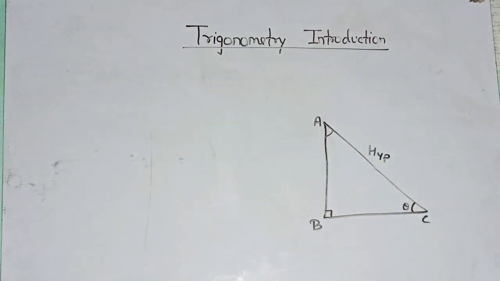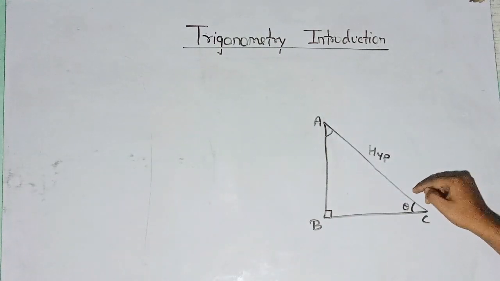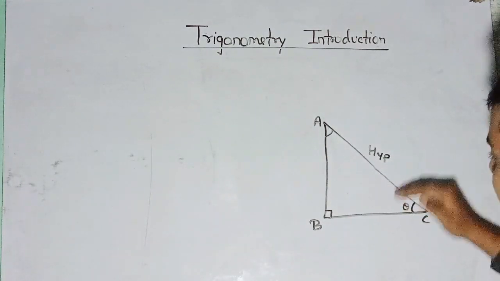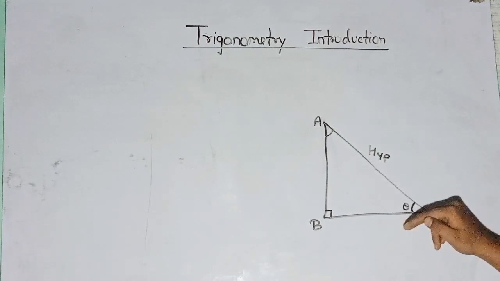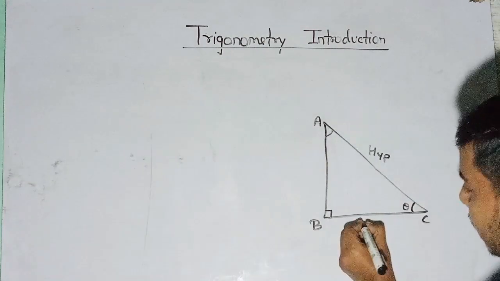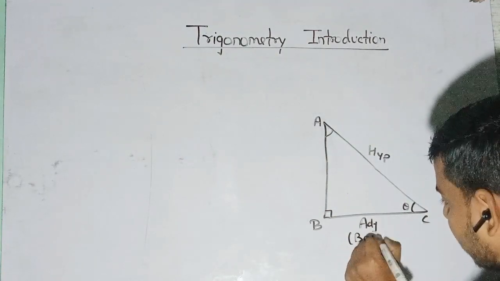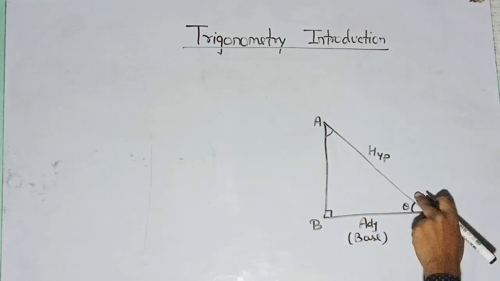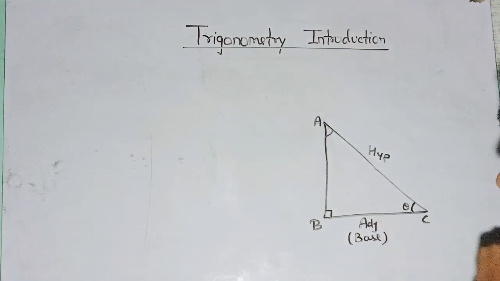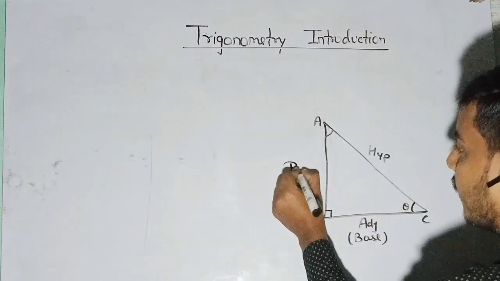Okay, and the side which is adjacent from hypotenuse to the other side is known as adjacent or base. That is base. Okay, and the last one is known as perpendicular.